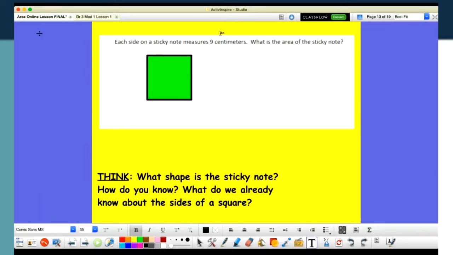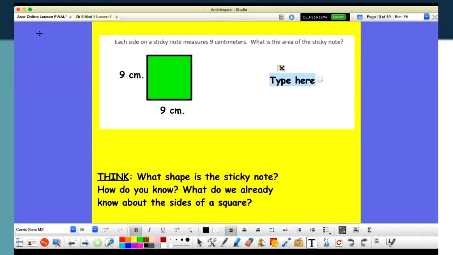So even though here it gives me one side measurement, I can easily figure out the other side length. The width would also be 9 centimeters because it's the same measurement. So I used my prior knowledge, knowing that a sticky note that I've seen in real life is in the shape of a square, so that would be all the same side lengths.